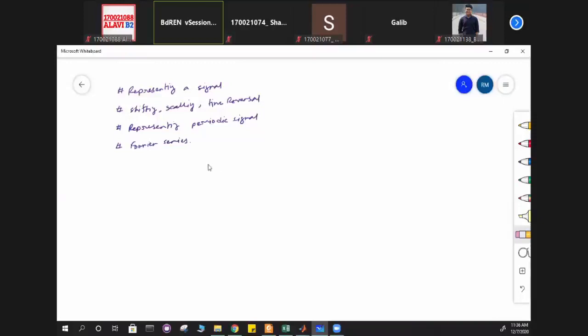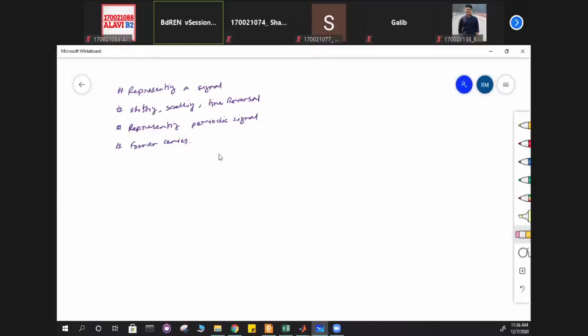So first, if a signal's equation or a picture of a signal is given, how to represent that in MATLAB. After that, how to do operations like shifting, scaling, and time reversal. That is the second thing.